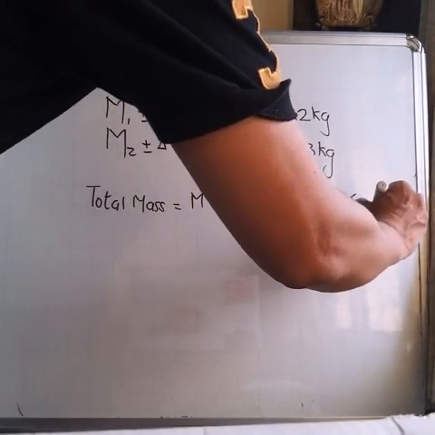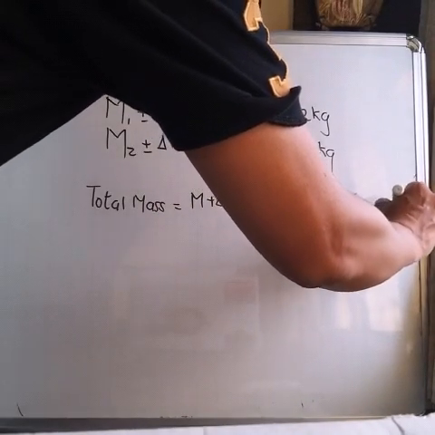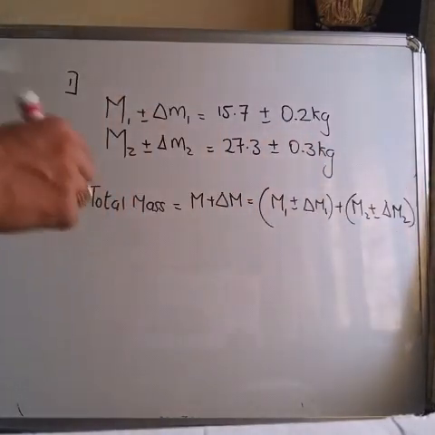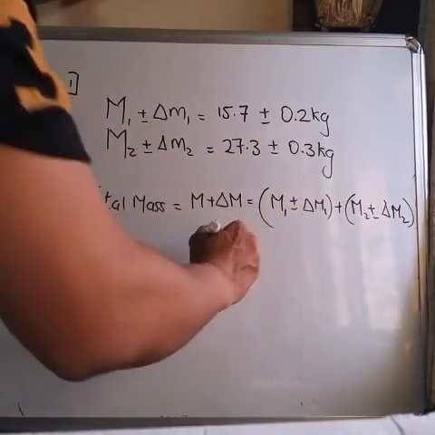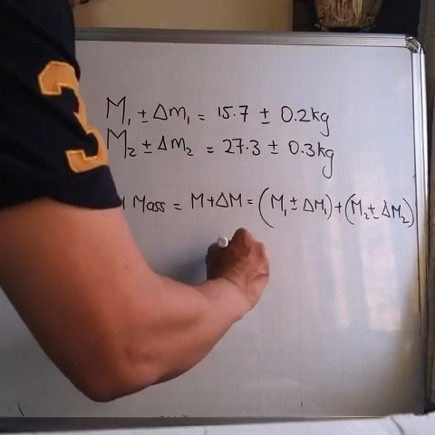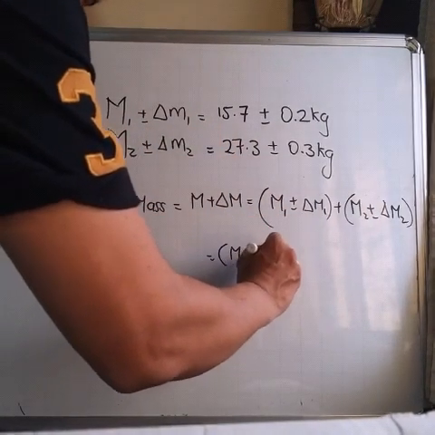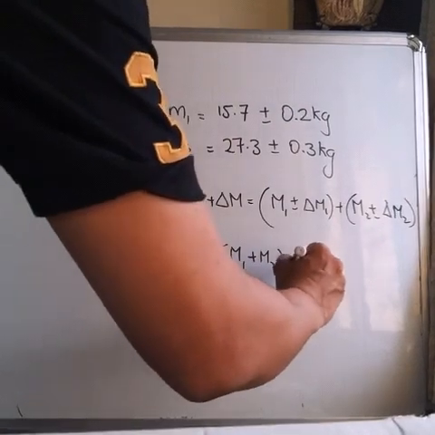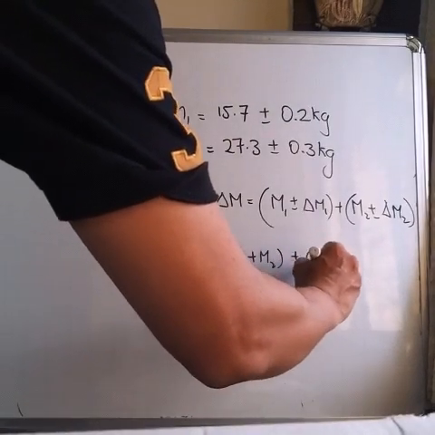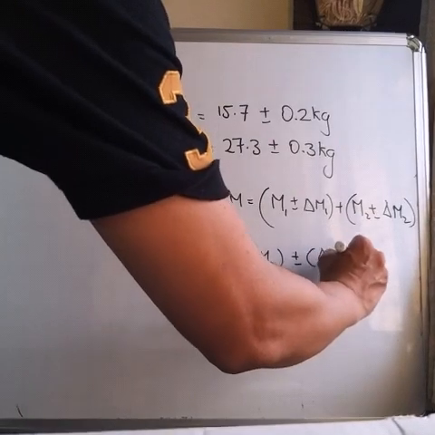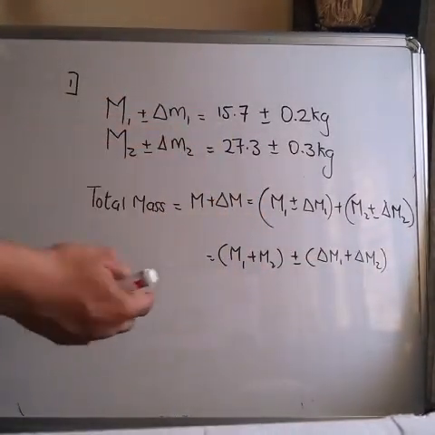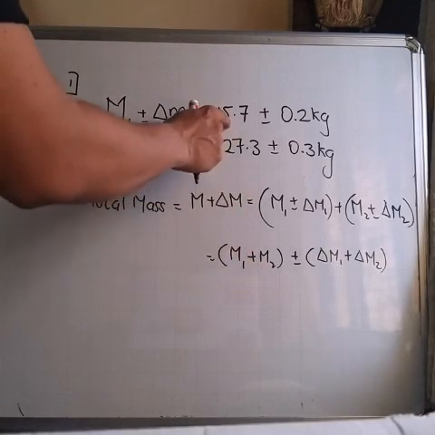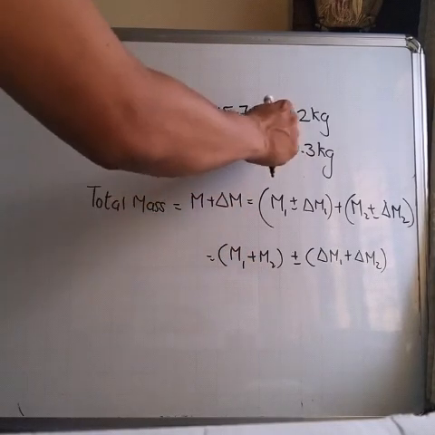Now simply bring M1 and M2 together. I'll write this as M1 plus M2, plus minus delta M1 plus delta M2.